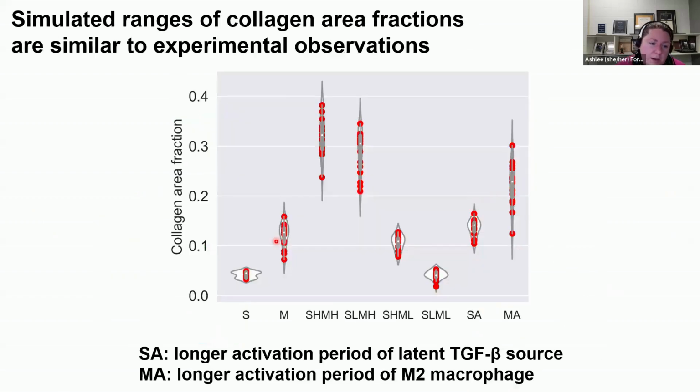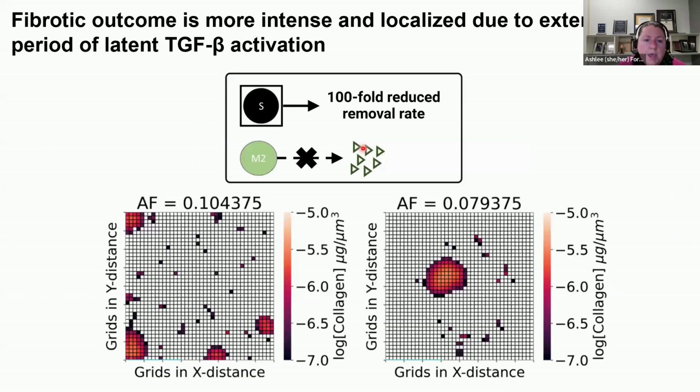We also compared area fractions with different mechanisms turned on and off, and the clinical values were more in the 35% type of range. So we were showing which ones needed to be on in order to approach that kind of clinical relevance. And we also did some other in silico experiments where we could accelerate or accentuate different facets of the model.